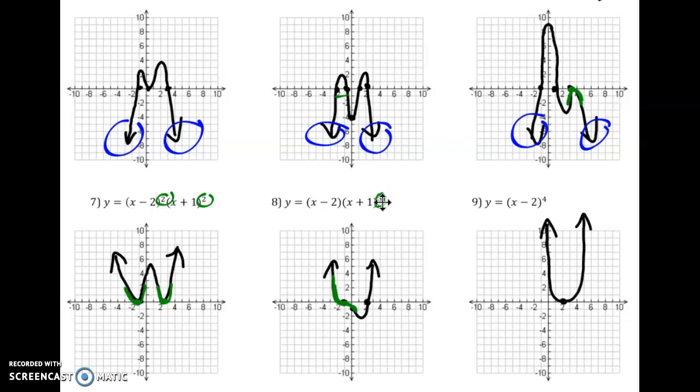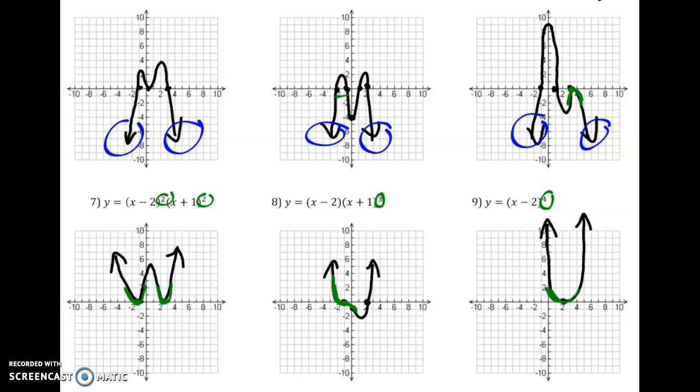And when it was degree 3 on the factor, it causes a wave like a cubic function does. And when it's degree 4, just like degree 2, it causes a bounce. It's just a flatter bounce. And that's going to be true for all exponents on factors. If they're even, it's going to cause bounces, and if they're odd, it's going to cause waves.